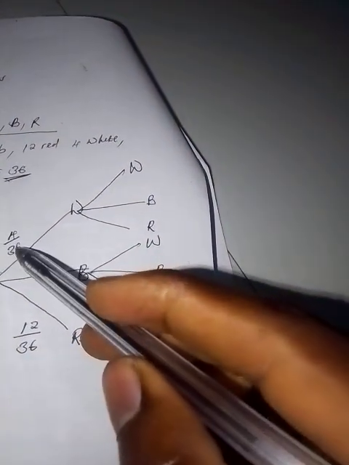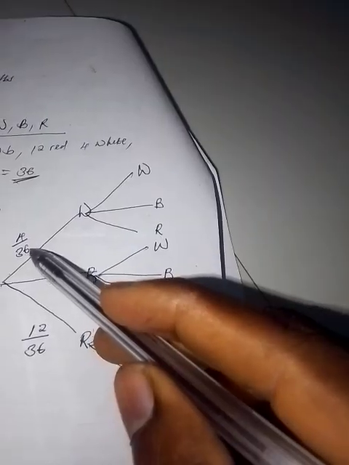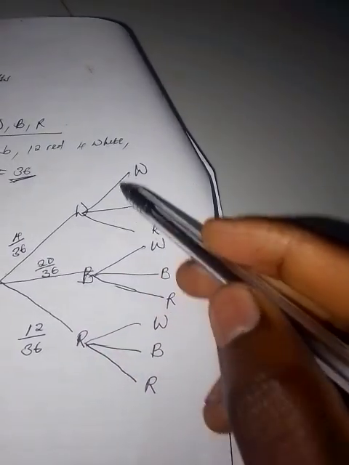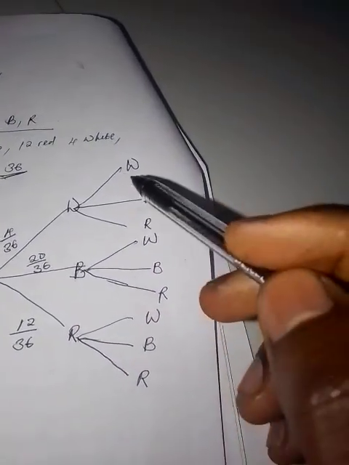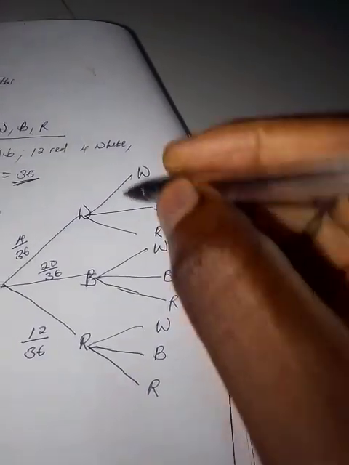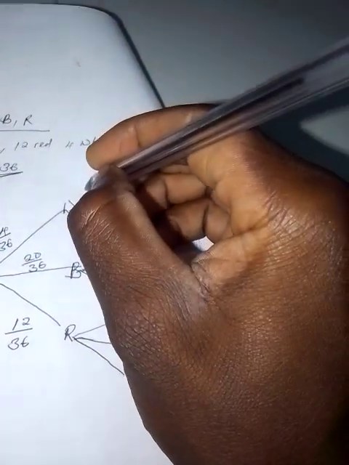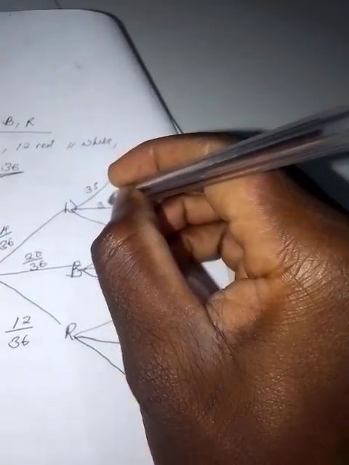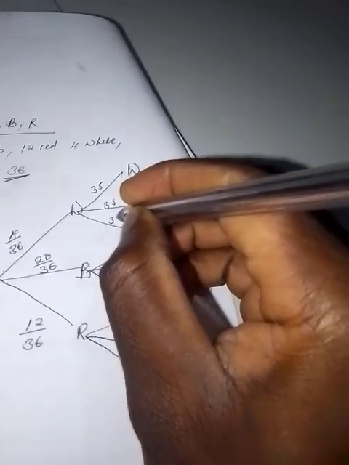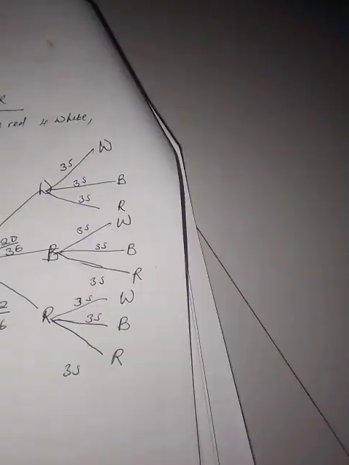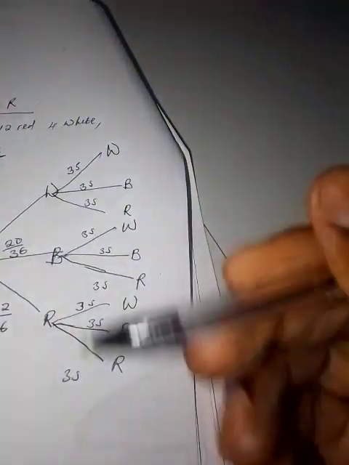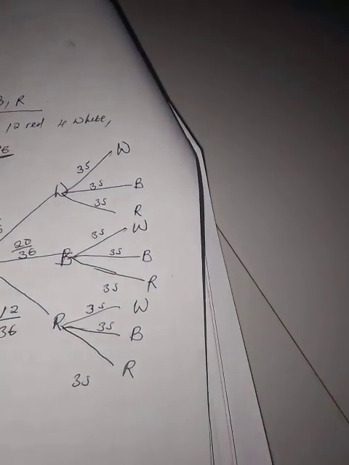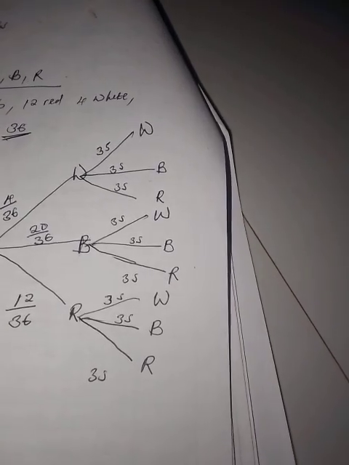So we are going to get 1 from 36. So that will be now our sample space on the outcomes. So we're going to have 35. So everywhere you indicate 35, so that you shouldn't get confused.